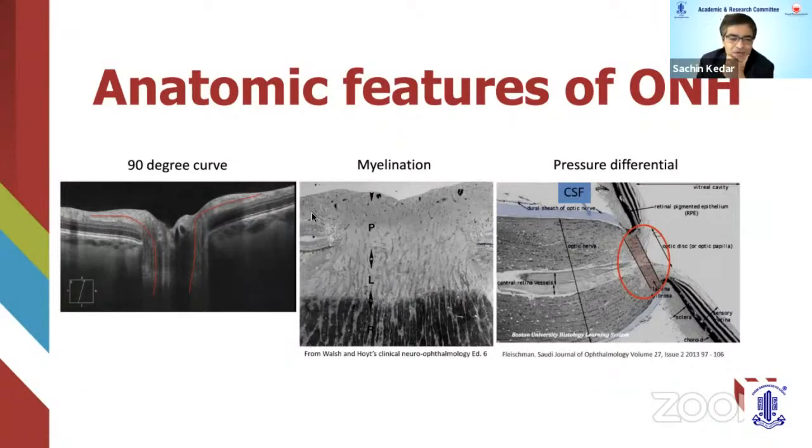There is an abrupt transition from a non-myelinated to the myelinated state in the retrolaminar region. Also, these axons, which are initially exposed to high intraocular pressure, are now abruptly exposed to relatively lower intracranial pressure in the retrolaminar region. This pressure differential is called the translaminar gradient.